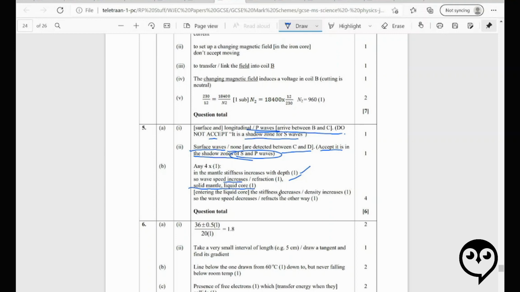When you enter the core, the stiffness decreases, which means the wave speed will decrease. So the stiffness increases, wave speed increases. If it decreases, the wave speed decreases. But they talk about density increasing here. When you enter the liquid core, the density increases. That seems a bit counterintuitive. But there's 4 points there. I hope that sounds familiar.